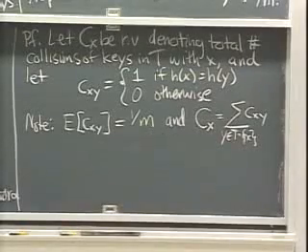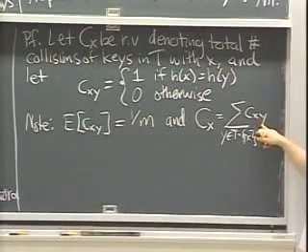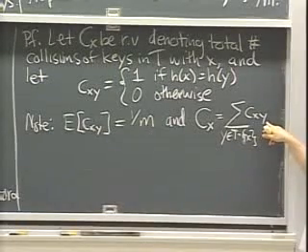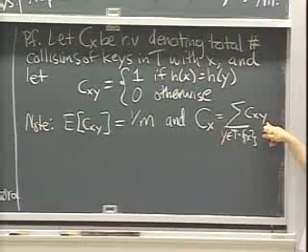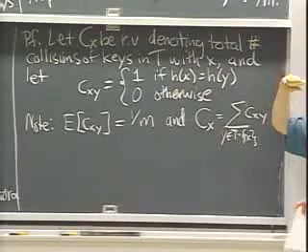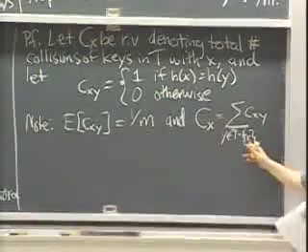So for each one that would cause me a collision with x, I add 1, and if it wouldn't cause me a collision, I add 0. And that adds up all of the collisions that I would have in the table with x.